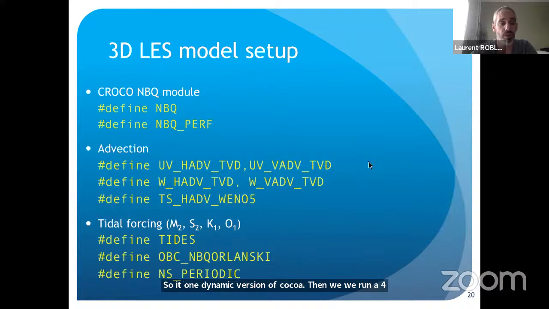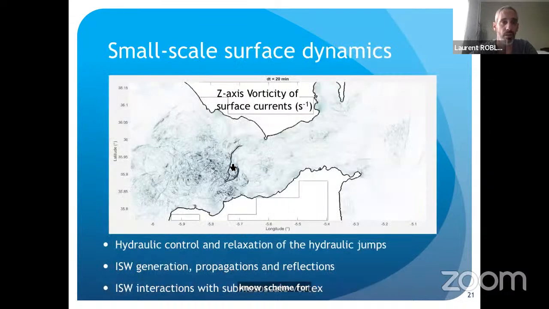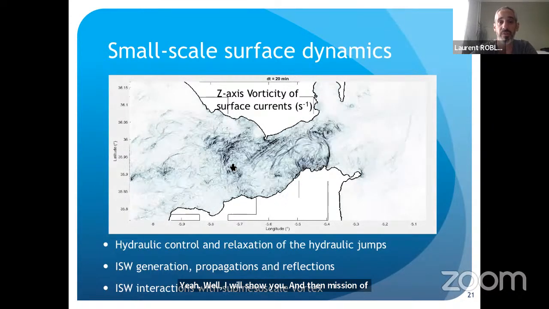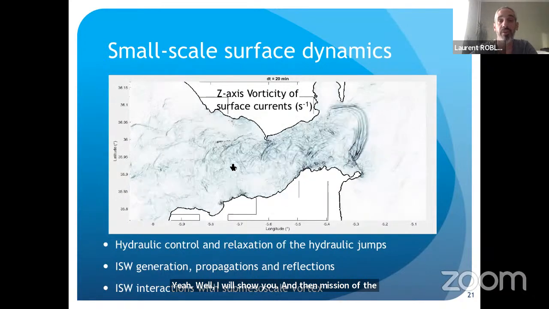Here are the keys, same as before. You define NBQ and NBQ perf CPP keys. You use TVD and WENO schemes for advection. You define tides as well. Here I will show you an animation of the z-axis vorticity field of surface currents.